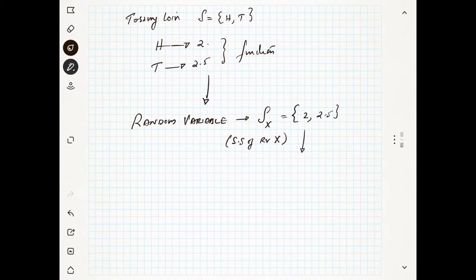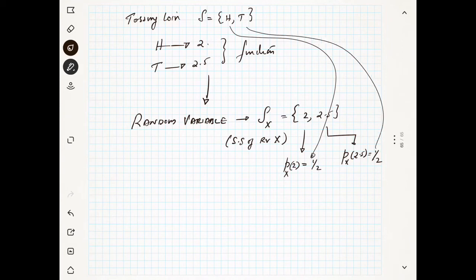The probability of 2 is half, and 2.5 is another outcome of this random variable, again having probability half. And how is this half coming? This half is coming from the head and this half is coming from the tail. So this is the random variable. Now what is the probability mass function?